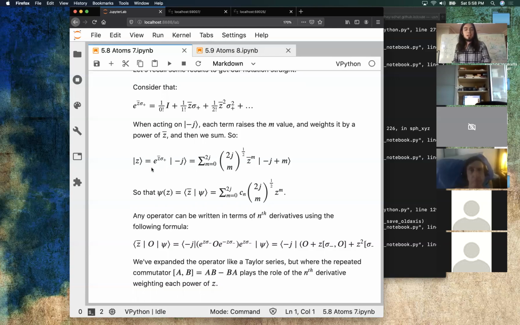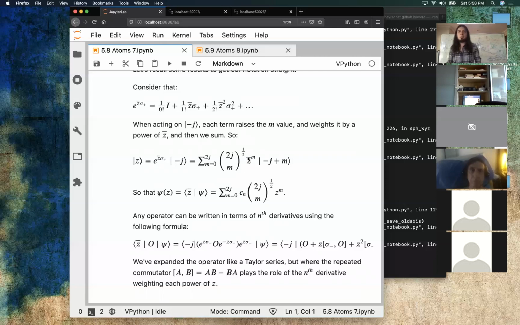In other words, we can rewrite e to the z conjugate sigma plus acting on the lowest weight state as just the sum from m equals 0 to j. We have the square root of the binomial coefficient, we have these basis vectors, and we have our variable z. This means take the conjugate there.